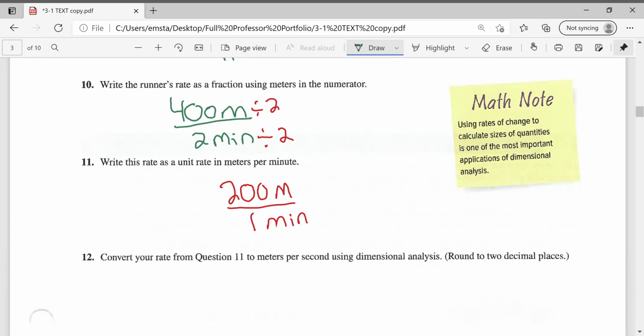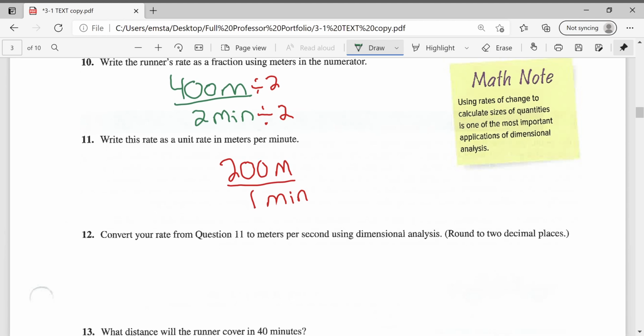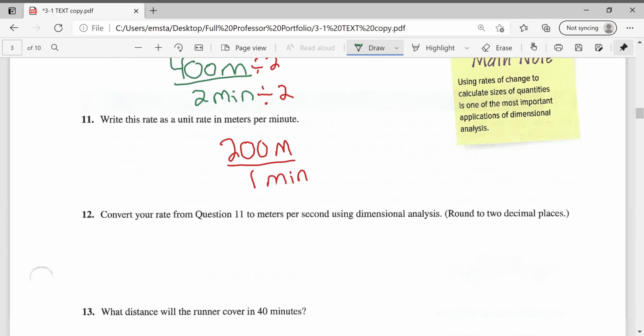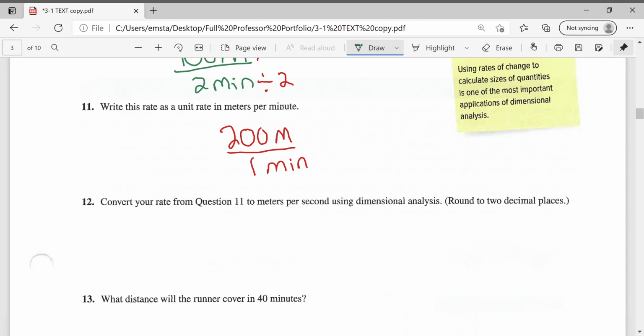Number 12 brings back some stuff we learned in the last chapter. They ask me to convert my rate from number 11 to meters per second using dimensional analysis. So I'm going to start with my 200 meters per minute. And I want to make minutes go away and turn it into seconds.